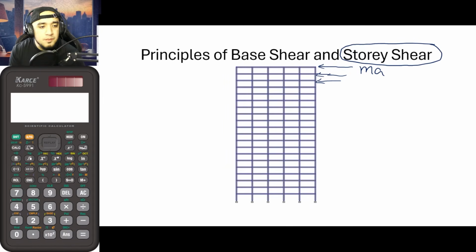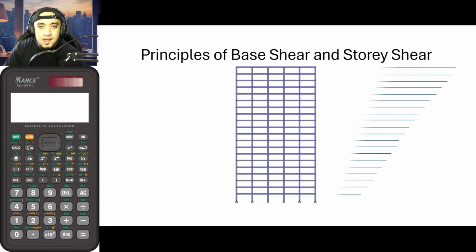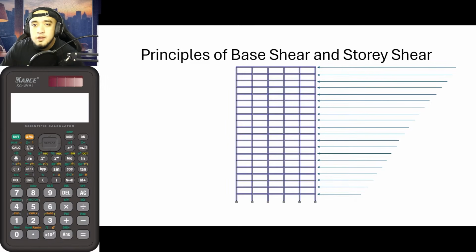But I just realized ang pangit ng drawing ko. Dito na lang tayo sa generated. So these arrows here are what we will be calling story shears. As you can see, they act on individual stories and their magnitudes differ depending on the floor.